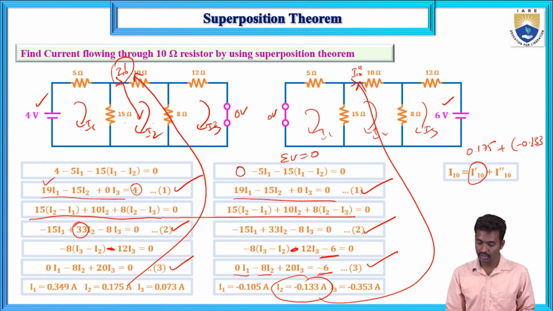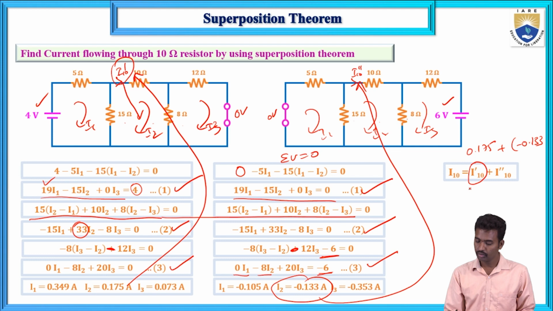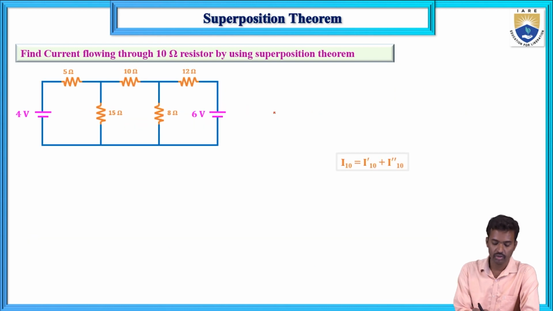So now here is the verification part. Now if you add these, 0.042 is the total current flowing through the 10 ohm resistor using the superposition theorem when two sources are active. So this current should be 0.042.